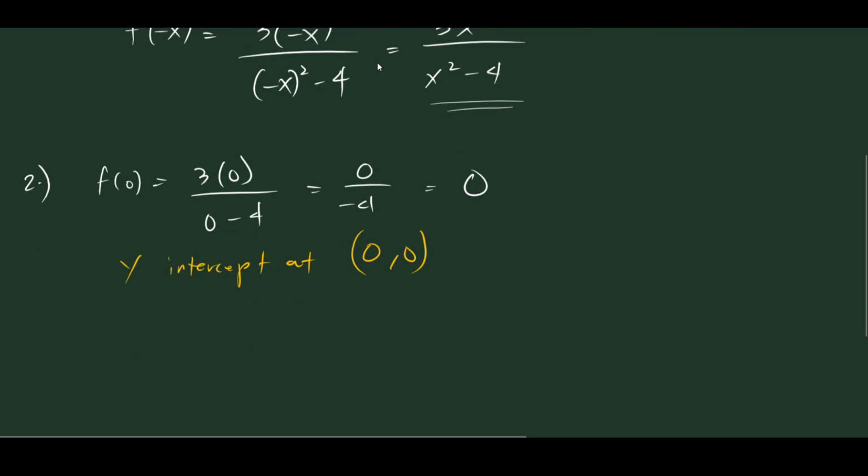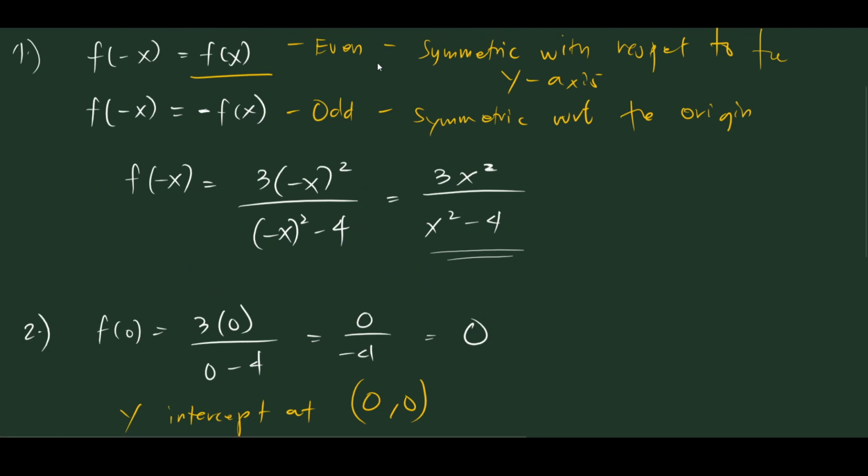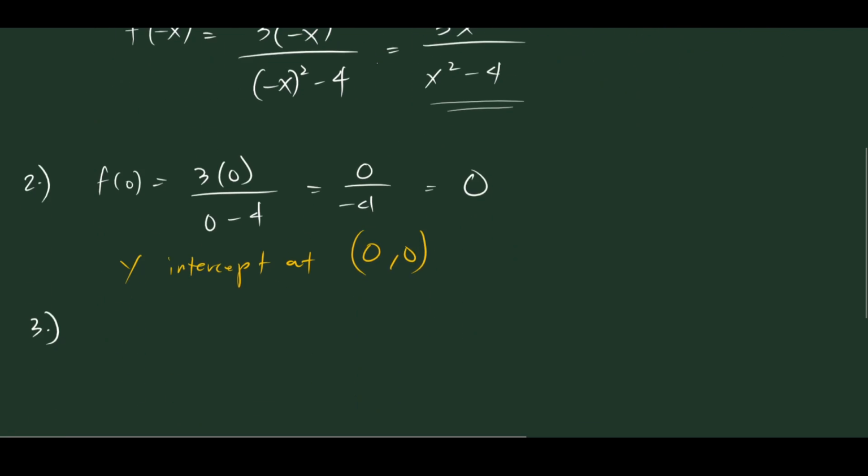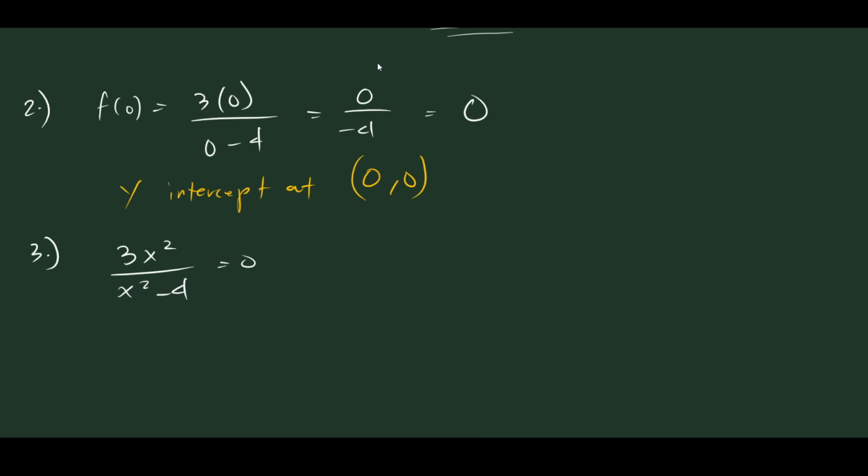Okay, so how about the third one? So the third step is to find the x-intercepts. Okay, so we're going to find the zero. So we're going to solve this equation. Okay, so we have here 3x squared over x squared minus 4 is equal to 0. So what do we get?